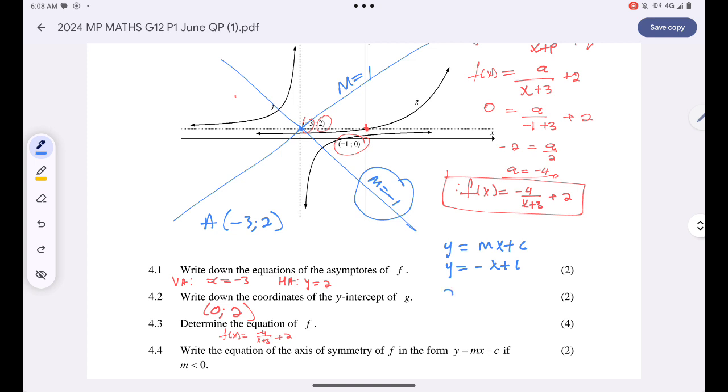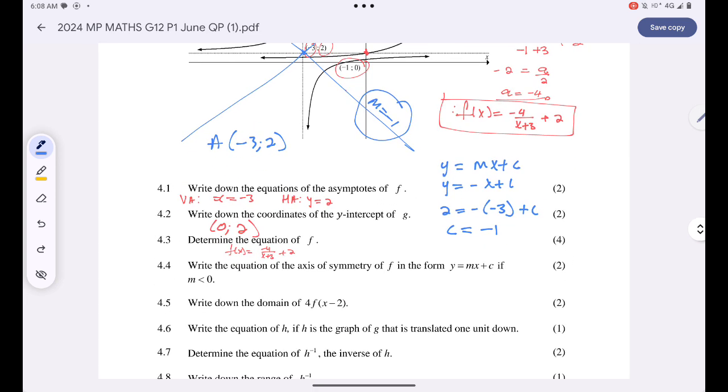I know that x is 2, and the corresponding y value is -3. So therefore, the value of c will simply give me 2 minus 3, that's -1. So therefore, the equation is basically -x minus 1, since the constant is -1. So this is my equation.